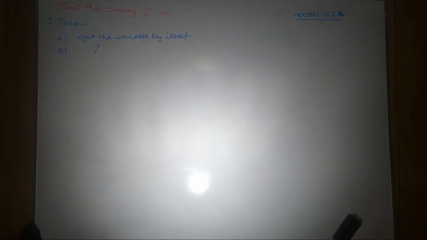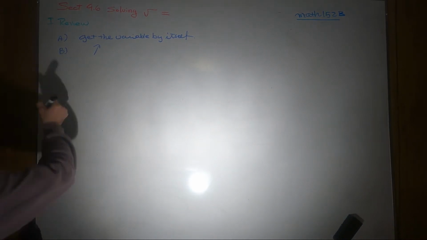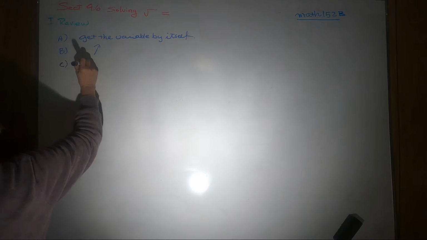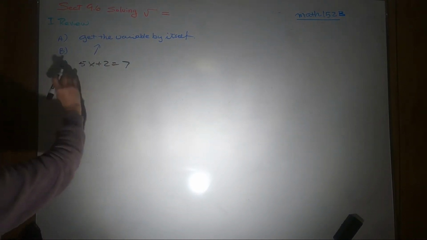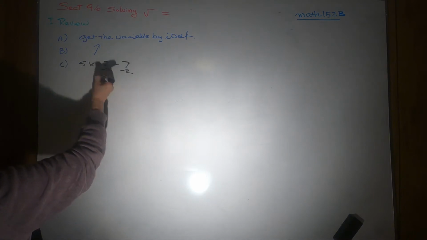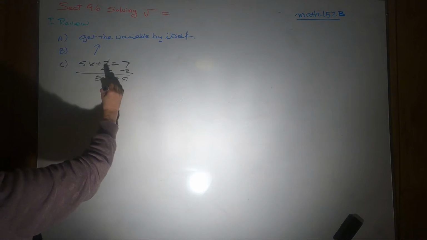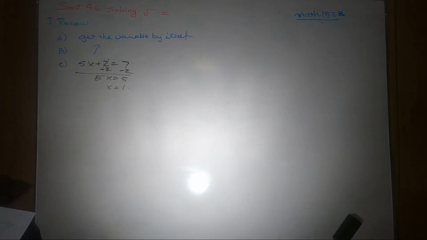Okay? So, like before, we have 5x plus 2 equals 7, right? We will get x by itself by removing 2 first, then 5x equals 5, then x is 1, right?